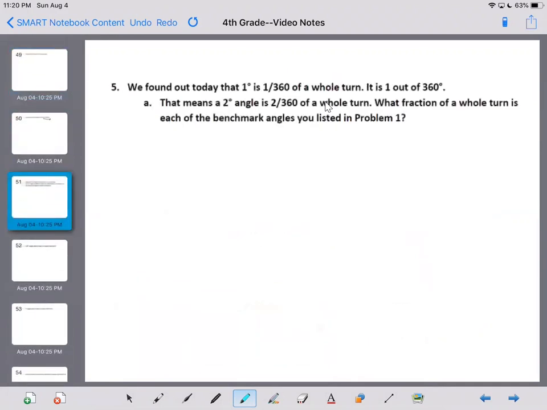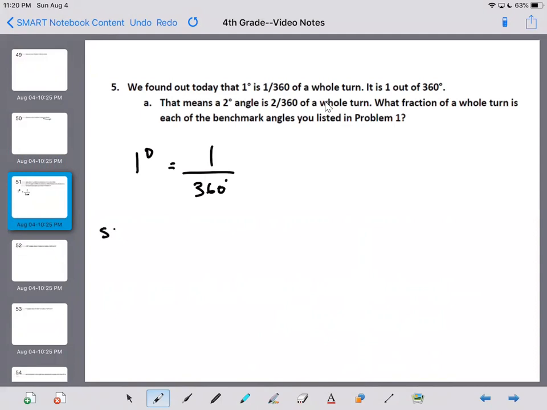Question 5 says, all right, well, if we realized in our work today that 1 degree is equivalent to 1 out of 360 degrees of a whole turn, so it's 1 out of 360. That means that a 2 degree angle is 2 out of 360. So what fraction turn is each of the benchmark angles? So let's look at these as fraction amounts.